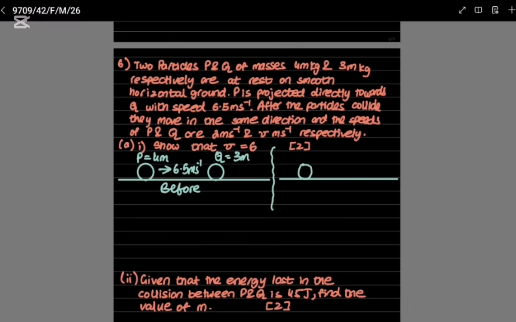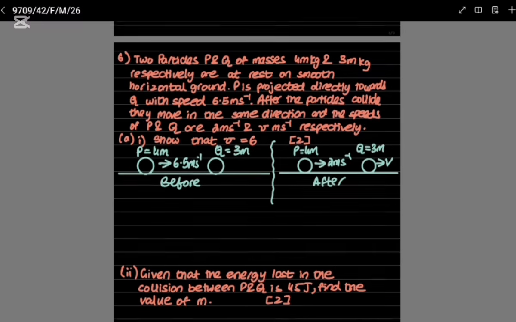After collision, P, which is 4m, moves at speed 2 meters per second, whereas Q is 3m and it moves at speed v. After they move in the same direction, so that's why I pointed the arrows in the same direction.